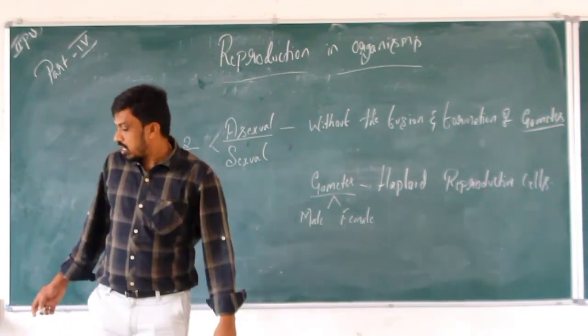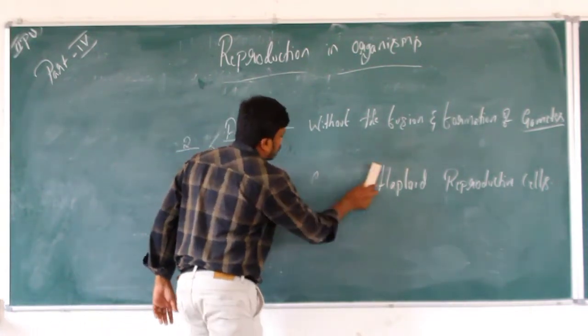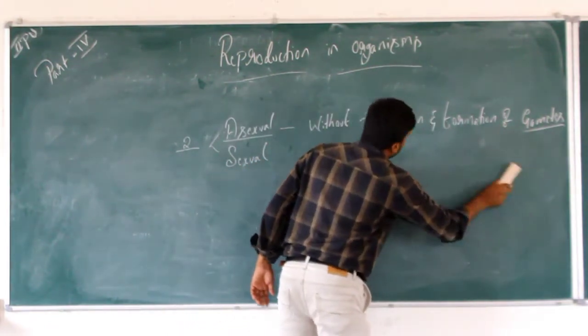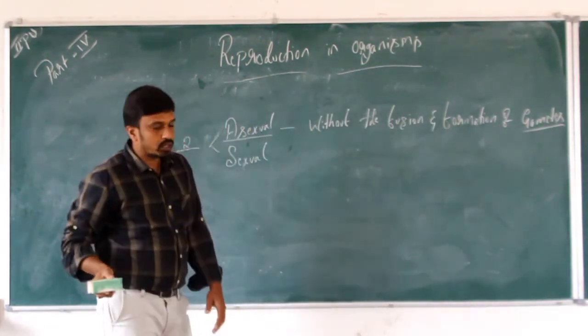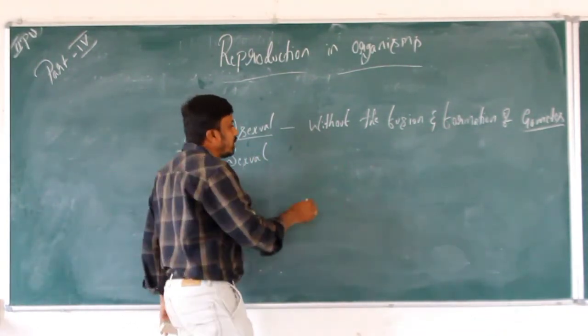Now, coming to the types of asexual reproduction. The characters of asexual reproduction we already discussed in part 1 or part 2. Asexual reproduction is of so many types.